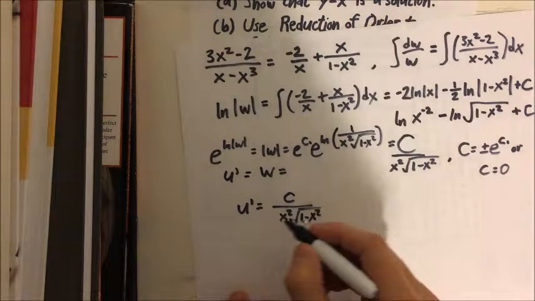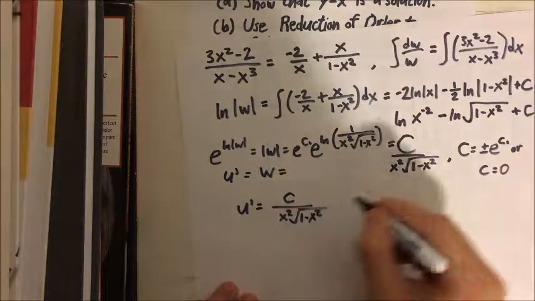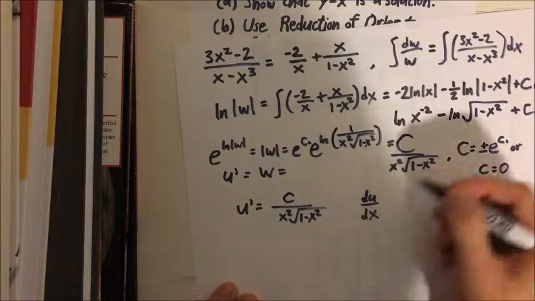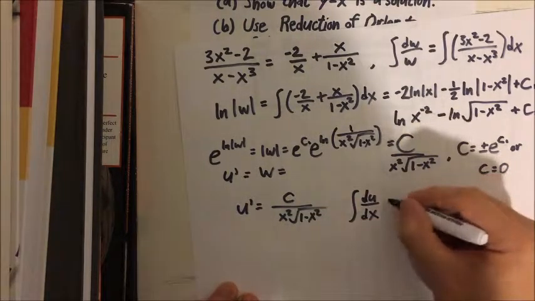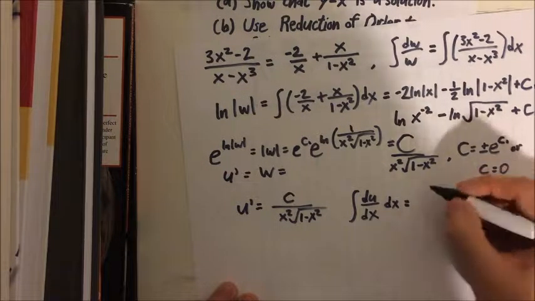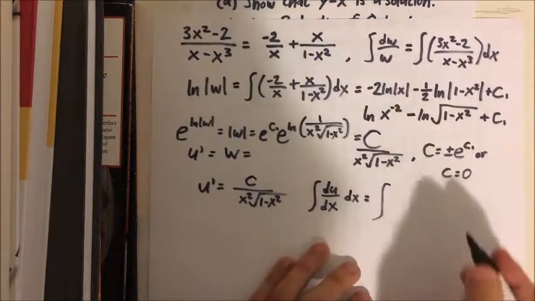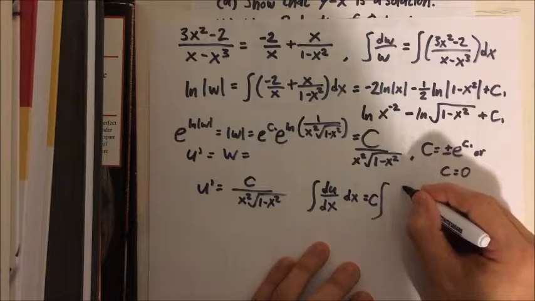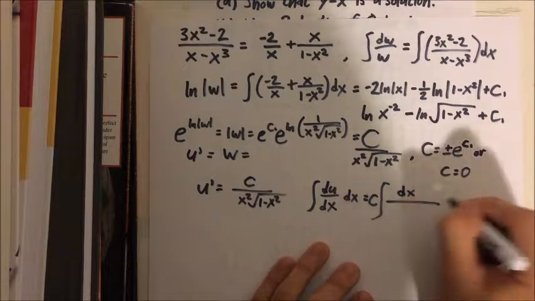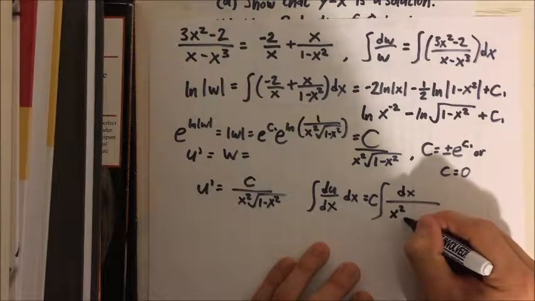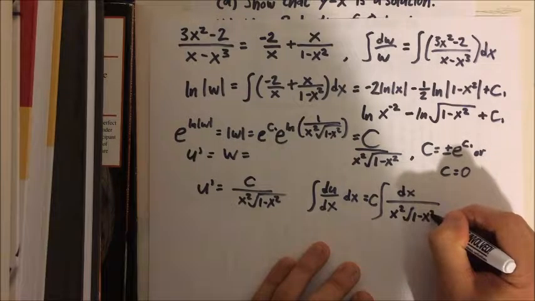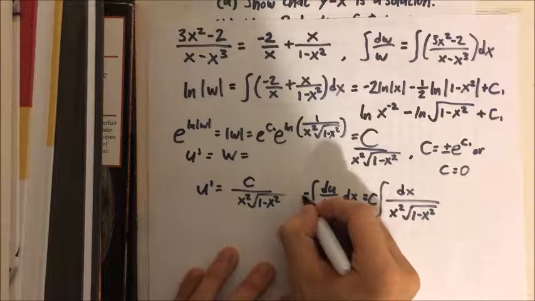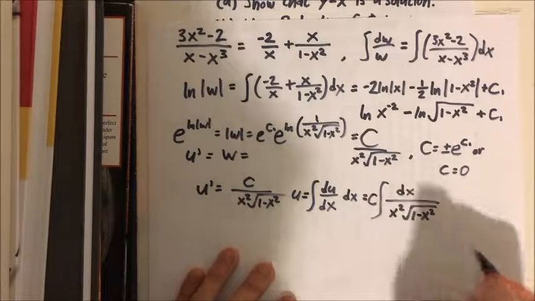So the integral of du dx dx is equal to the integral of this dx. Let's take out the constant c. And we know that this is going to be simply u.